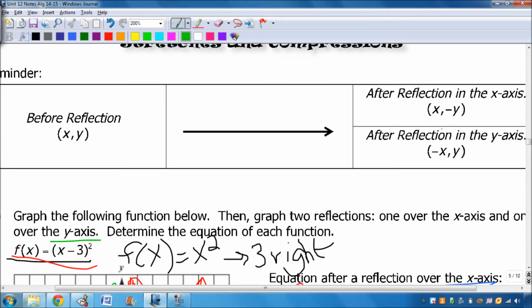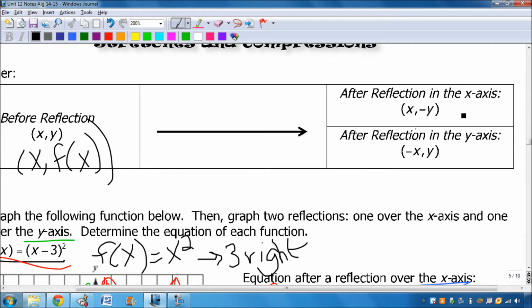So instead of x comma negative y, this ends up being x comma negative f of x, because your y is the same thing as f of x. So the f of x becomes negative because the y becomes negative.